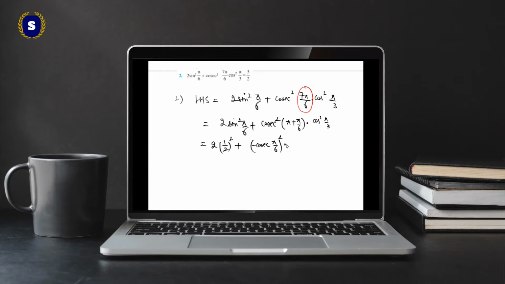And cos square pi by 3, its value is known to us, that is 1 by 2 whole square, so this will be 2 into 1 by 4.